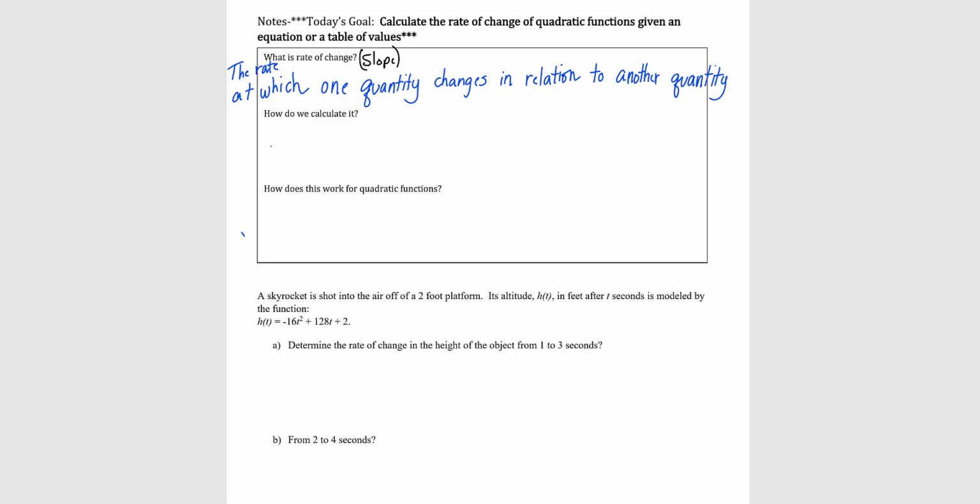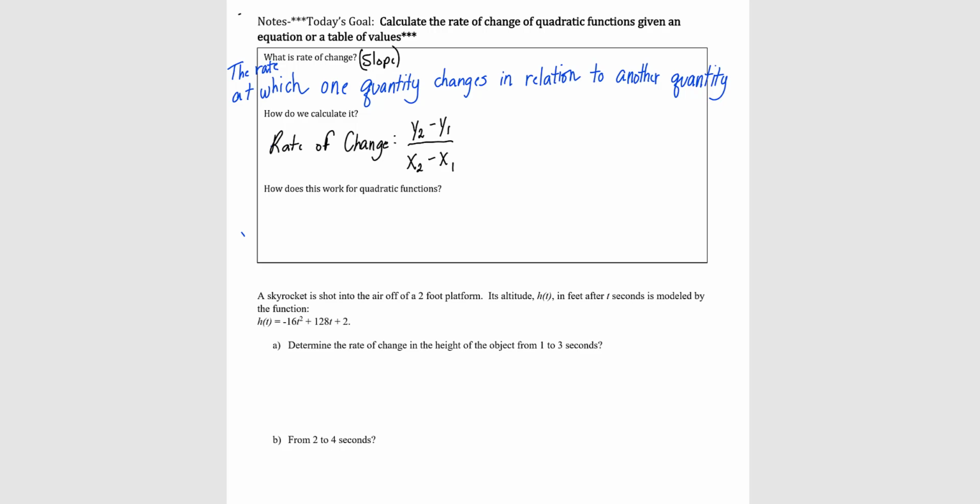Even though we're not talking about linear functions so much, we're still going to find it in the same way. So the rate of change formula is the same thing as the slope formula. We're going to find the difference in the y coordinates and divide that by the difference in x coordinates of two ordered pairs that are on our function.